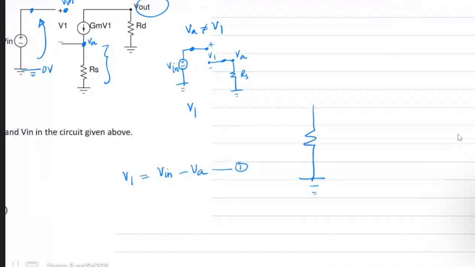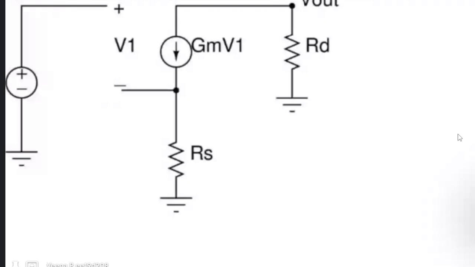You see the current source GMV1. Current will flow only through RS because this point is open circuited, so there will be no current through that path. The whole current GMV1 will flow through RS.